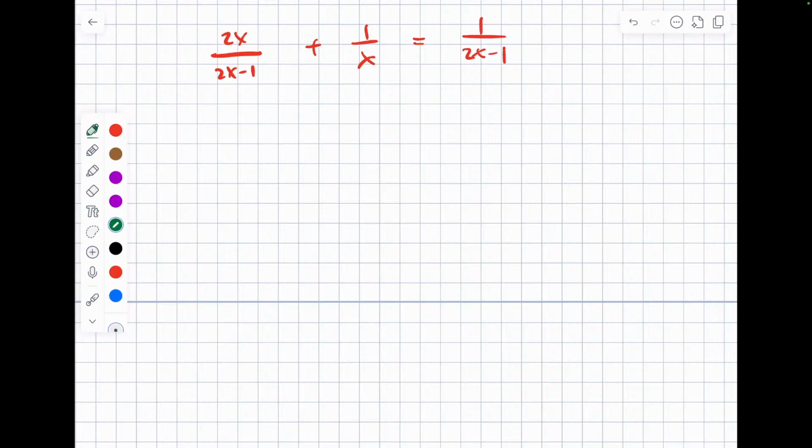Let's see. 2x over 2x minus 1 plus 1 over x equal to 1 over 2x minus 1. Oh, it's a new one. Yeah.